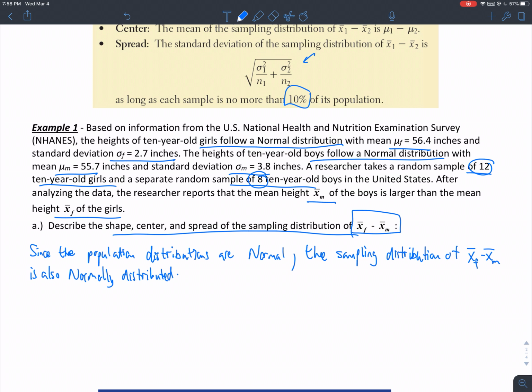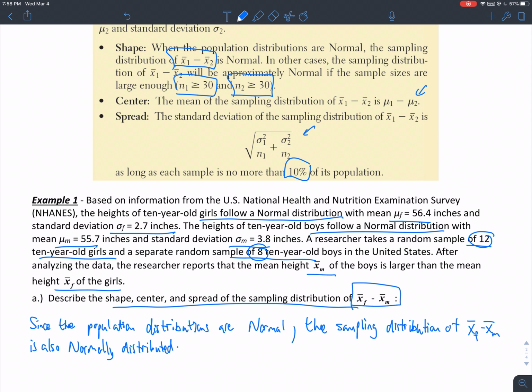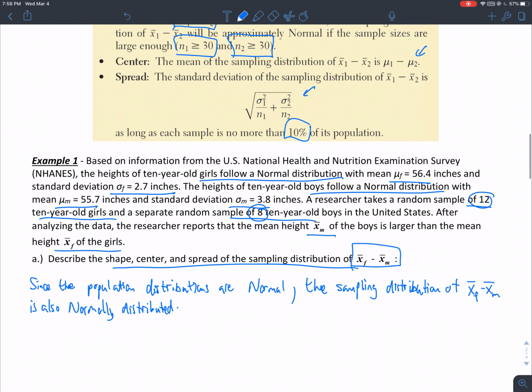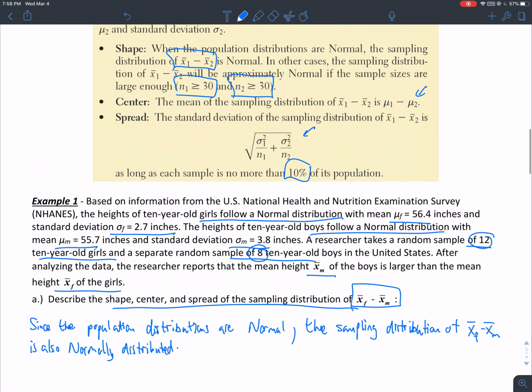Okay, so since the population distribution of each population is normal, then when I sample from each of those, the sampling distributions are automatically normal, and if the sampling distributions of each individual sample are normal, then the difference is also automatically normal. That's a bit of a technical point from chapter 7, I think.